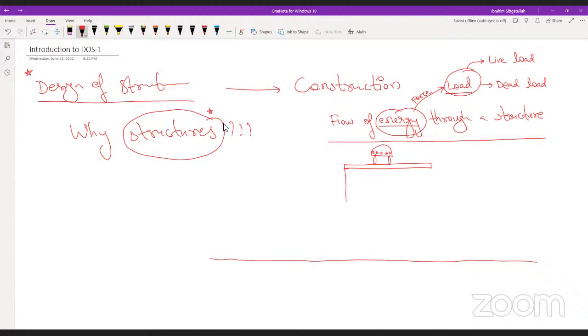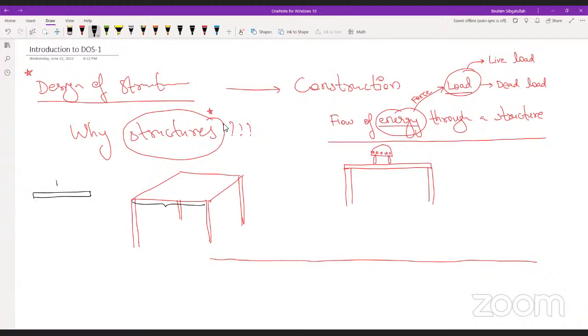We provide columns. So this is a slab, and on all four sides we are providing columns. But when we provide columns on the edges, if this span, from here to here, is very huge, then there are high chances that the slab will start bending.